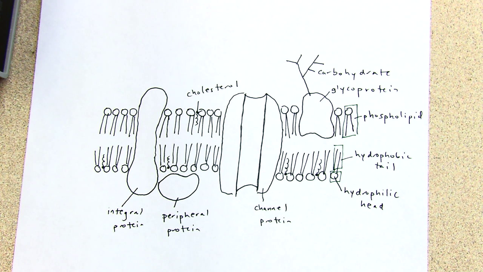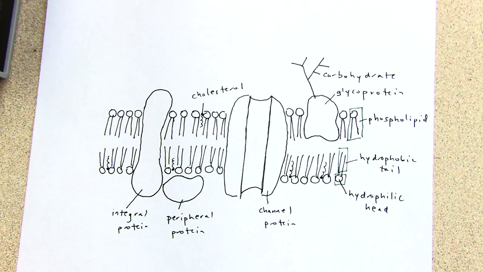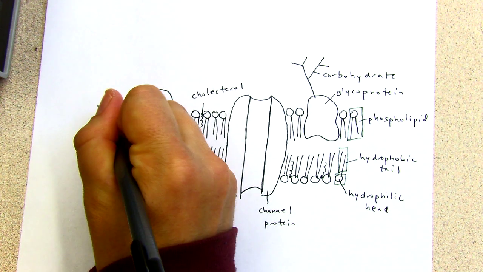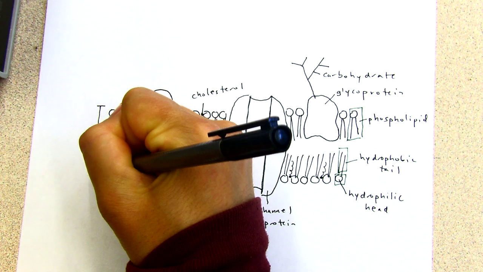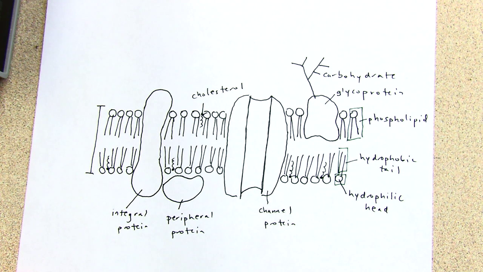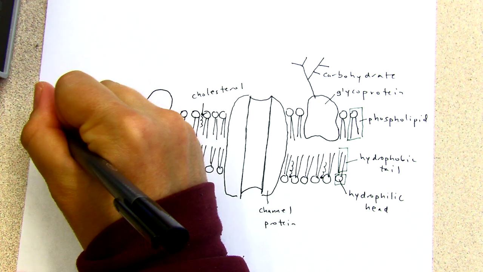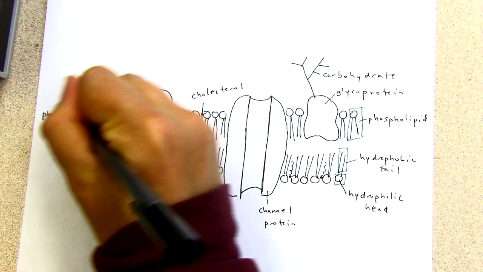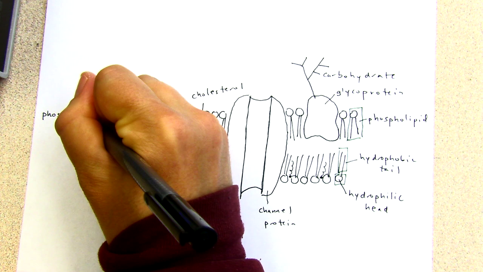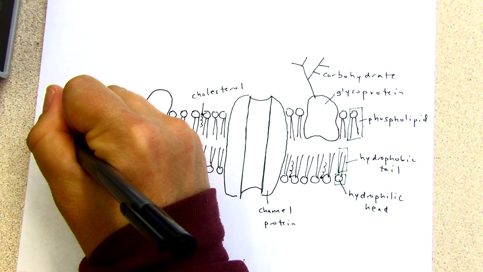Okay, I'm checking for all my labels. I want to make sure that I teach you anything that I think you could get a point for. So sometimes I've seen that you can get a point for indicating this distance. So I'm going to label that I understand that this is the phospholipid bilayer.